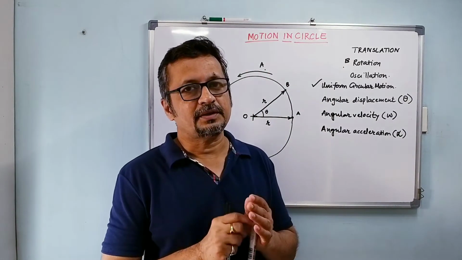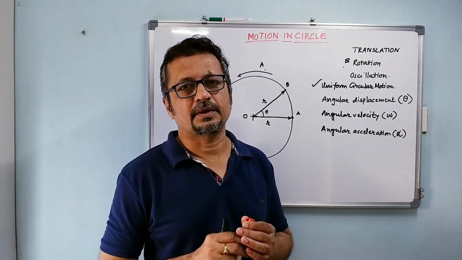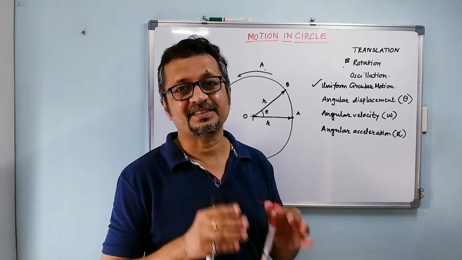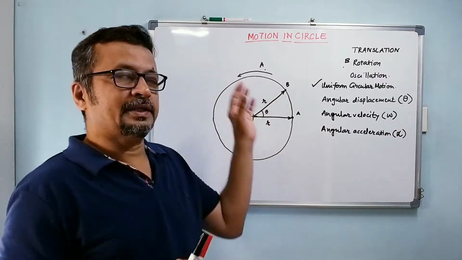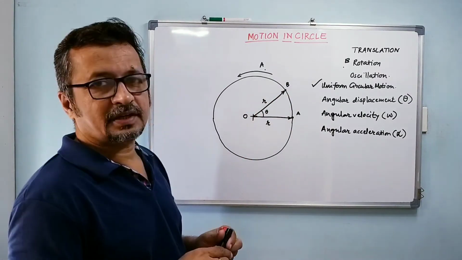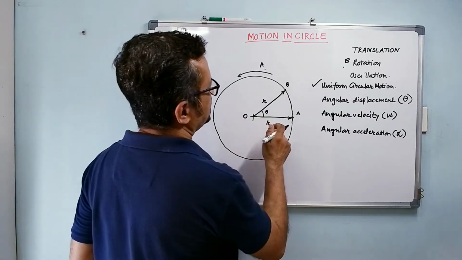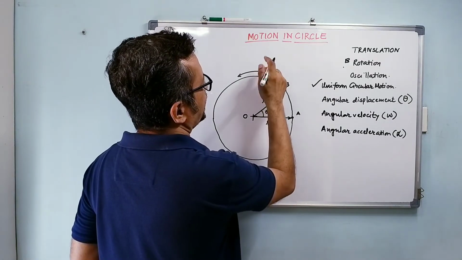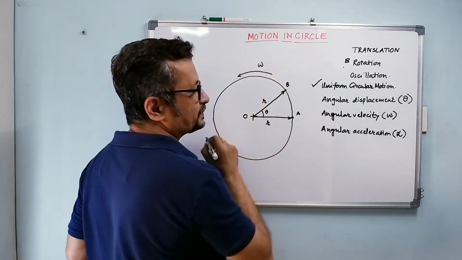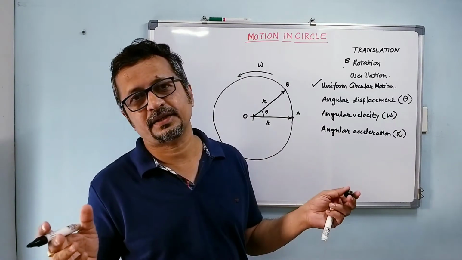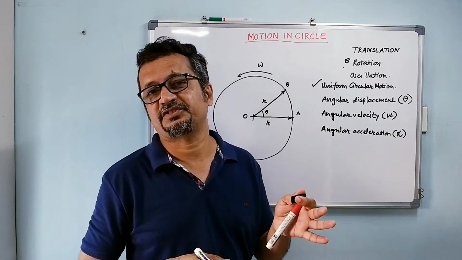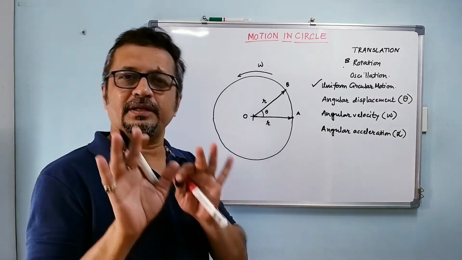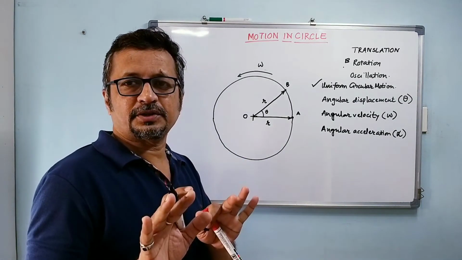Now there is something very important that we would be discussing now. Alright, my particle is moving along the circumference of the circle of radius r with angular velocity omega. Correct. I have not said anything about whether this angular velocity omega is constant or it is changing, but for now let us consider it to be constant.